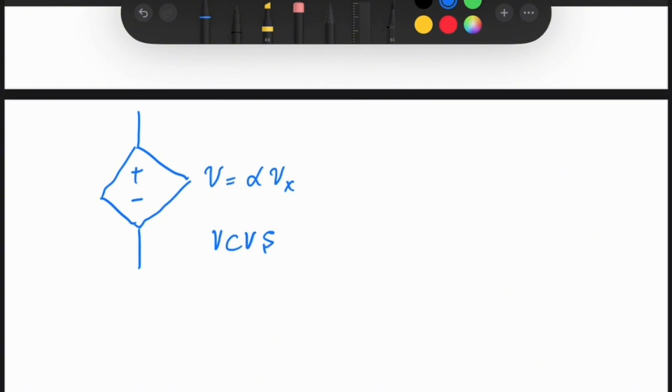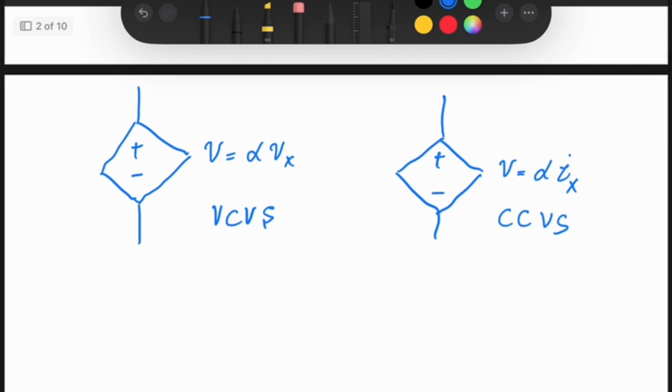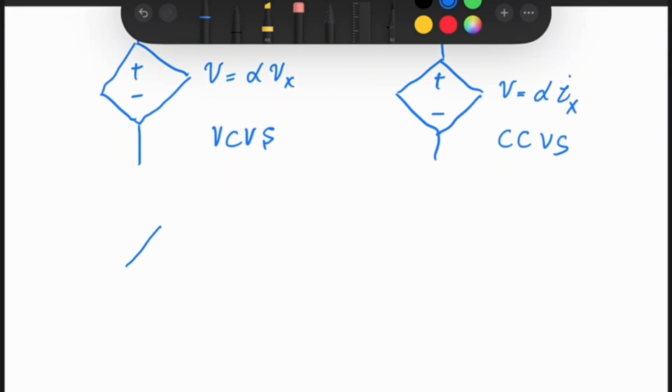We have the current controlled voltage source. That means it's a dependent voltage source, but it's controlled by a current. It's called a current controlled voltage source. The other two are dependent current sources. One of them is the voltage controlled current source.